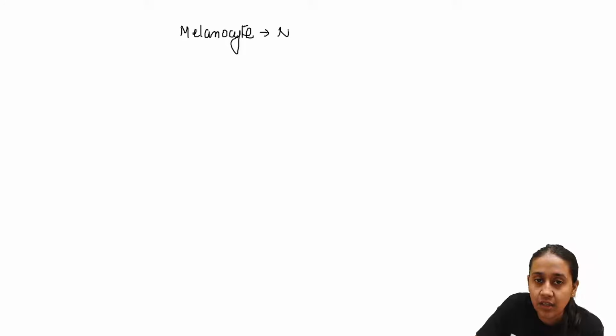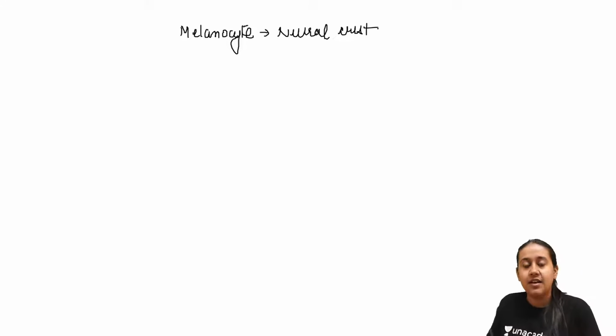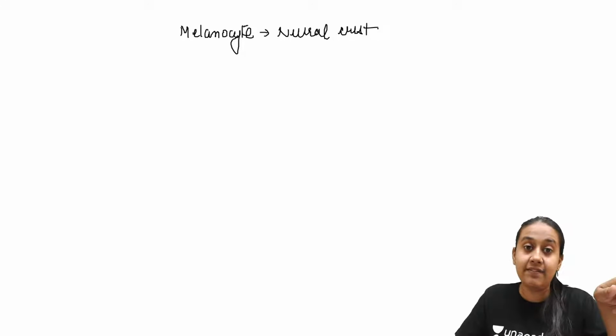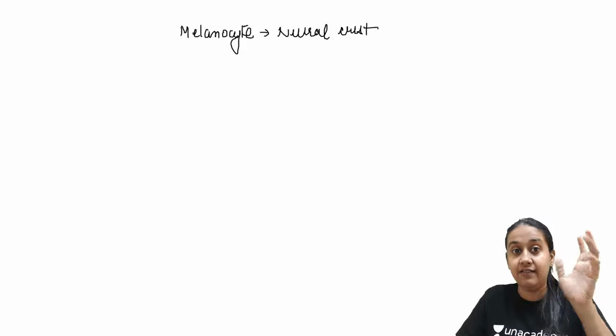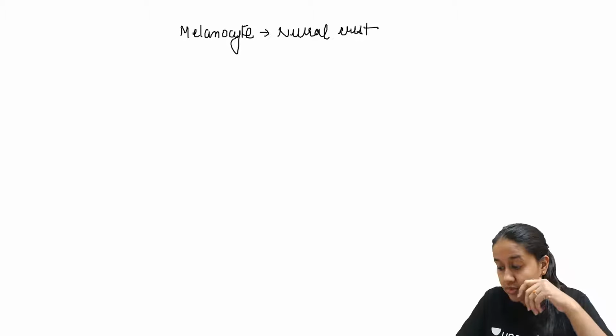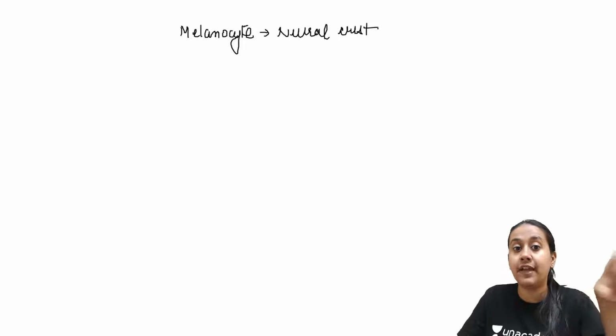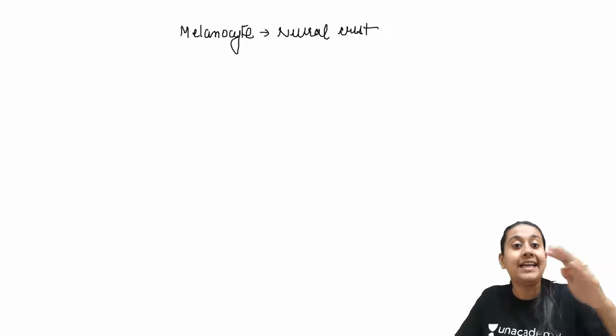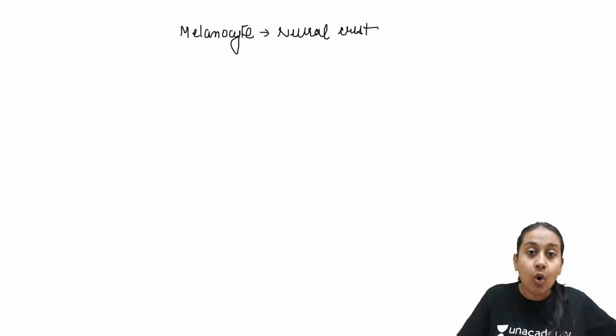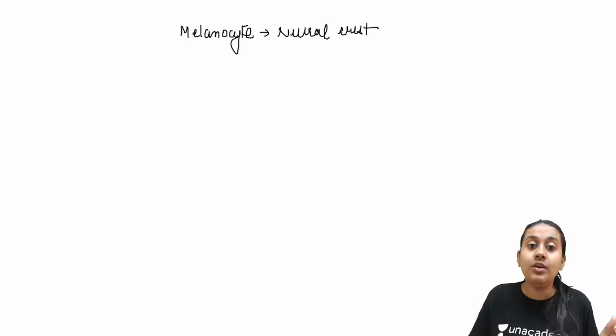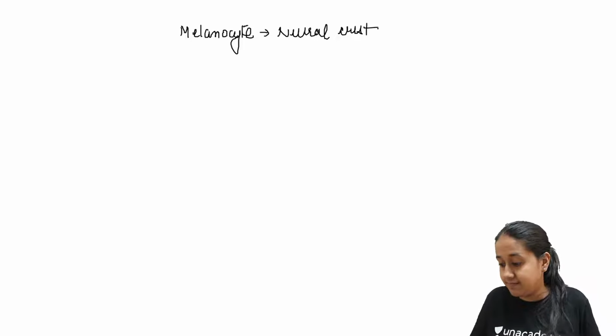It is a neural crest derivative. It is a neural crest derivative, but it is present in the skin, which is an ectodermally derived tissue. It means that during the process of embryogenesis, it has traveled all the way from the neural crest to the skin.